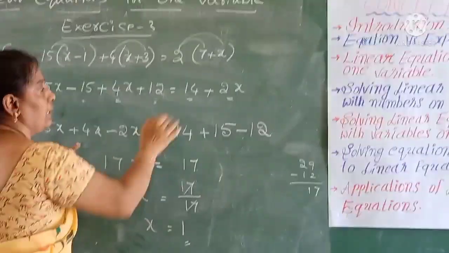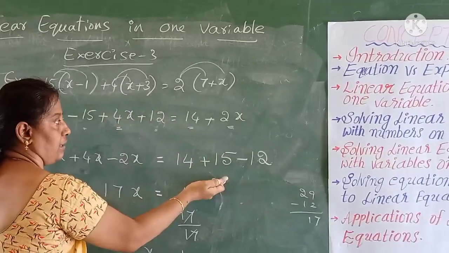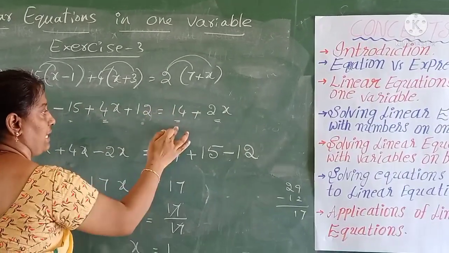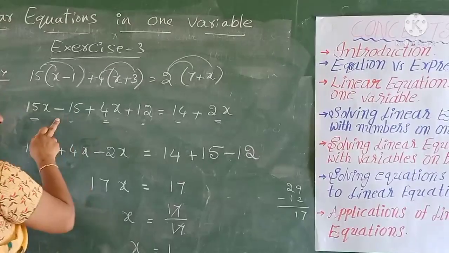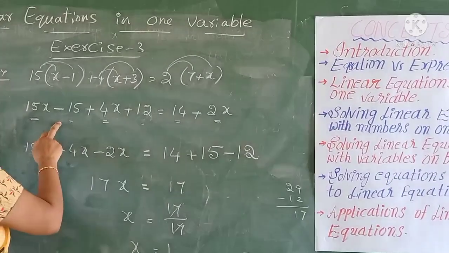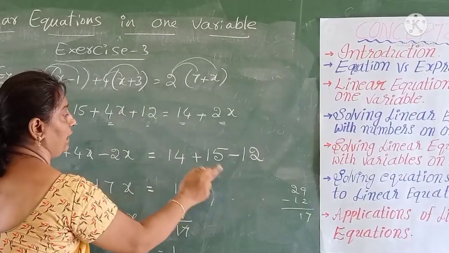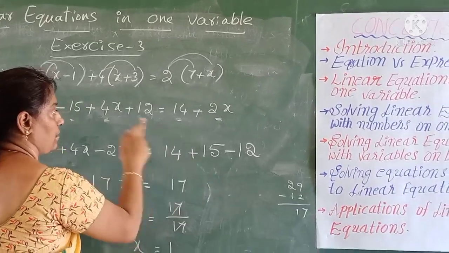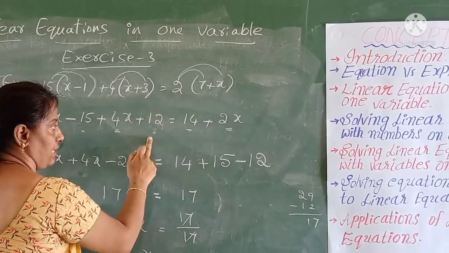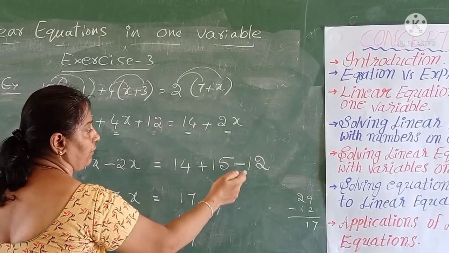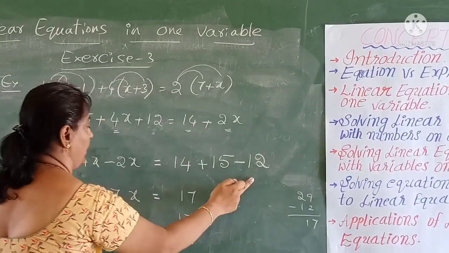The constants go to the right hand side: plus 14, then minus 15 on the left moves to the right as plus 15, and positive 12 on the left moves to the right as minus 12.